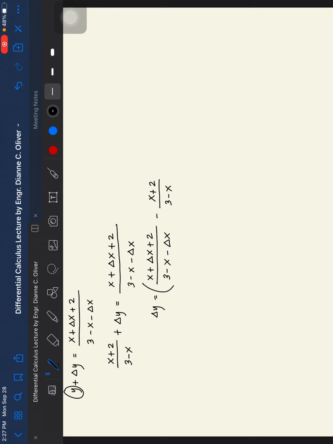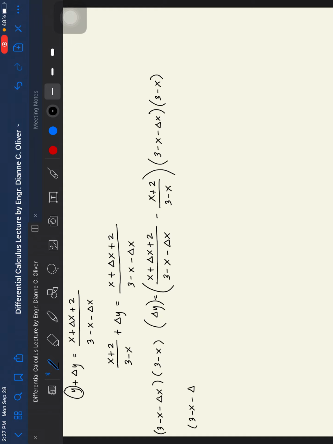In order for this equation to become just the numerator, we multiply it with the common denominator, which is (3 minus x minus delta x) times (3 minus x). What we do with the right side of the equation we will also do with the left side.